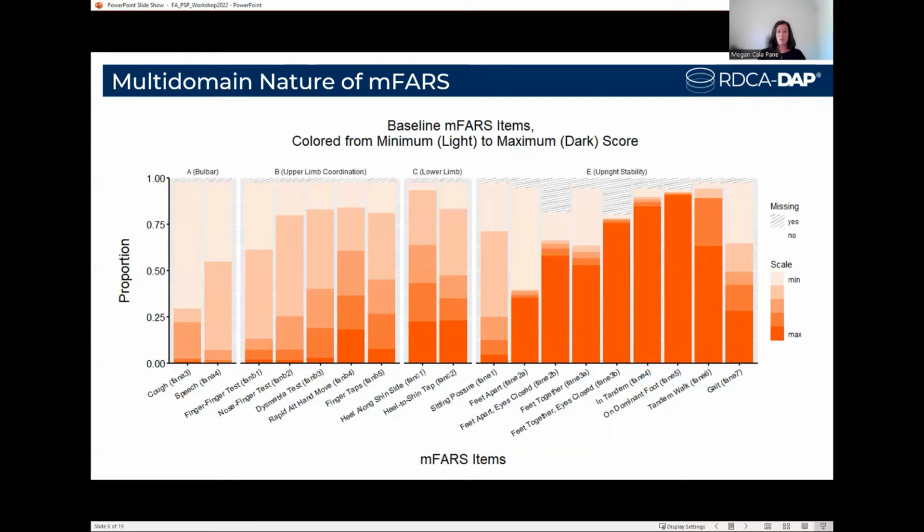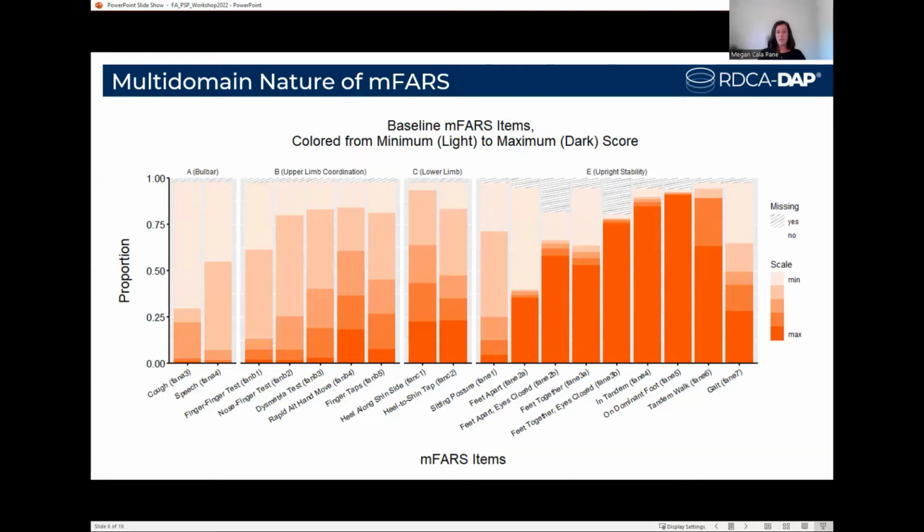So this is the proportion of the individuals in the data set. And then within each bar, subjects with scores available were binned based on their severity from min to max, or light to dark orange, which is shown by the color gradient in the legend to the right. And the gray dashed areas also show the scores that are missing from this cohort.